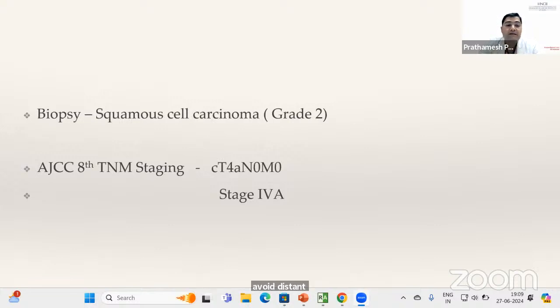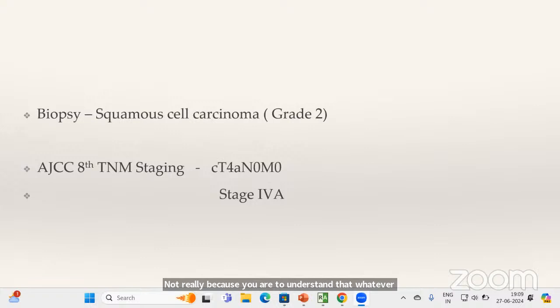Sarbani, anything you want to add? Not really, because you have to understand that whatever modality of treatment you use in this patient, it will have to be combined modality, right? So if you use NACT followed by CTRT or NACT followed by surgery, you will have to consider giving adjuvant RT or CTRT.